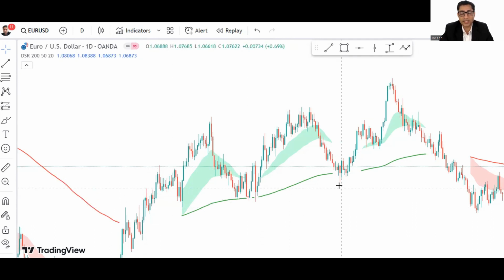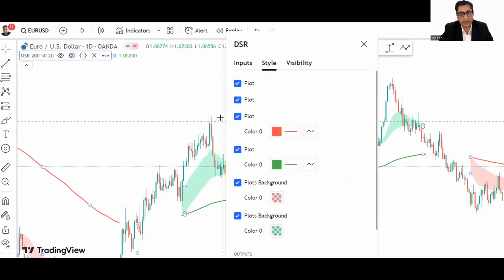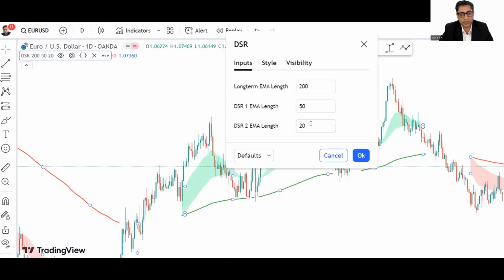But when do you enter the market? You enter the market when the candlestick is above the shorter time frame lines. The shorter time frame over here is 20 and 50, as you can see, and the long time frame is 200. You can change the shorter time frame from 20 and 50 to 20 and 10.